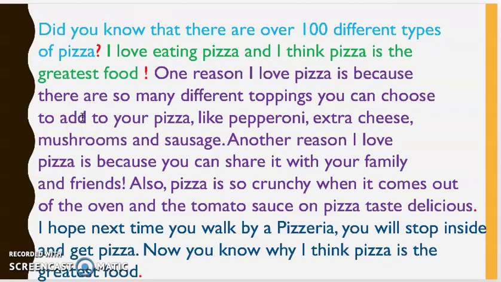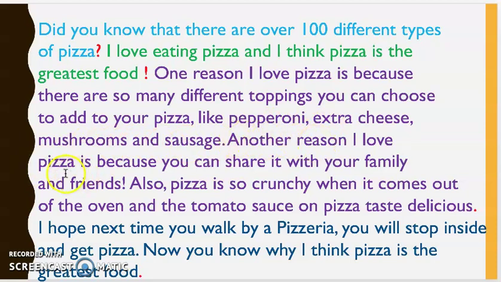So, this is one type of writing where I edited and I made sure it was the best that it can be. Did you know that there are over 100 different types of pizza? I love eating pizza, and I think pizza is the greatest food. One reason I love pizza is because there are so many different toppings you can choose to add to your pizza, like pepperoni, extra cheese, mushrooms, and sausage.